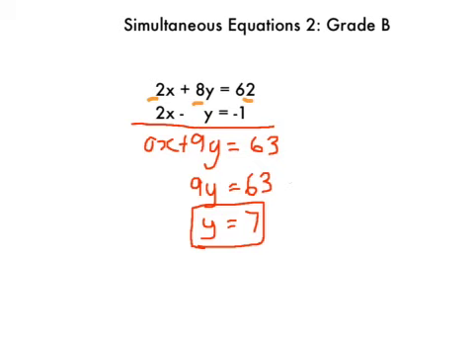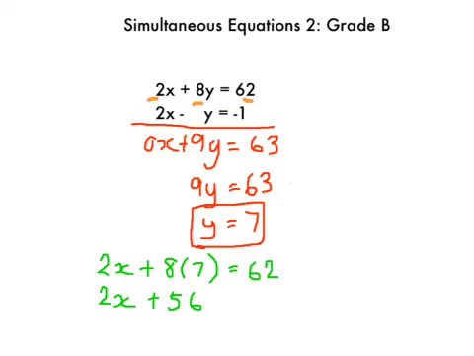Now, rather than rewriting the equation out again, I now know my value for y. So we have got 2x plus 8 lots of y, so 8 lots of 7, is equal to 62. So 2x add 8 times 7. Now remember, times by 8: double, double, double. So that is 56 equals 62.